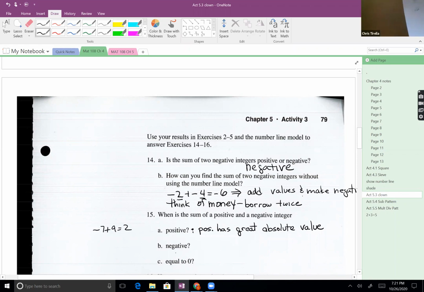I think the sum of a positive and negative being negative was 3 plus -5 is -2. What could we say about that? Well, I would just say the opposite of what you put down for positive. The negative would have the larger absolute value, right? Because 5 is bigger than 3. Oh, larger. Okay.